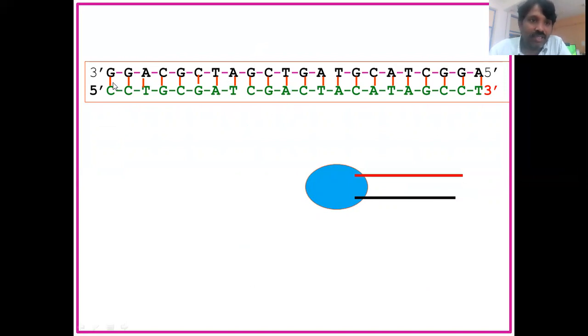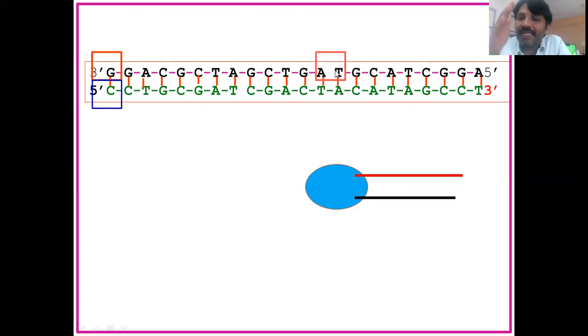You see, this is a terminus, a 3' end and a 5' end, and here another 5' end and 3' end. So the enzyme can act from the 5' end or from the 3' end. Both are termini. Then here you see a nick.